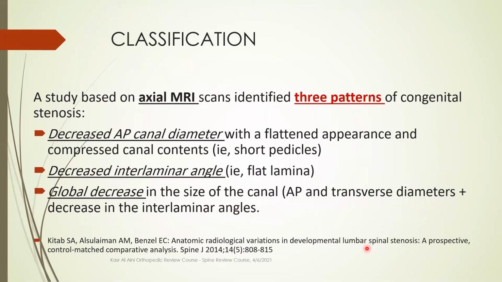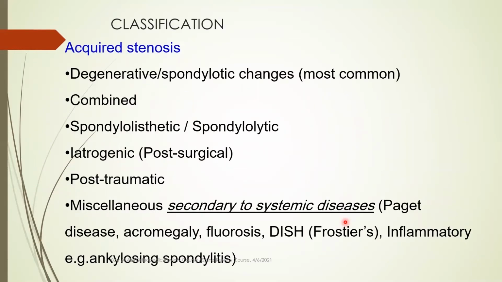A study based on axial MRI identified three patterns of congenital stenosis. The first one with decreased anteroposterior canal diameter with flattened appearance and short pedicles, decreased interlaminar angle, and global decrease in the canal, with narrow anteroposterior and transverse diameters, and decreased interlaminar angles.